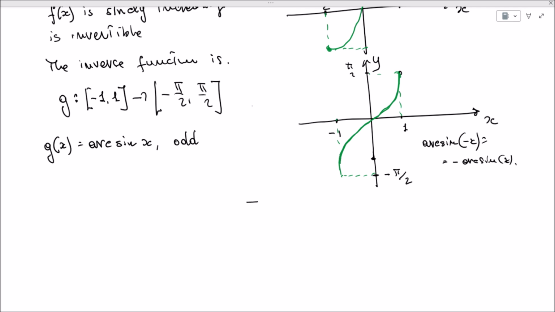Let's now move to the other function that we have defined when identifying the position of P on the unit circle, namely cosine of x.